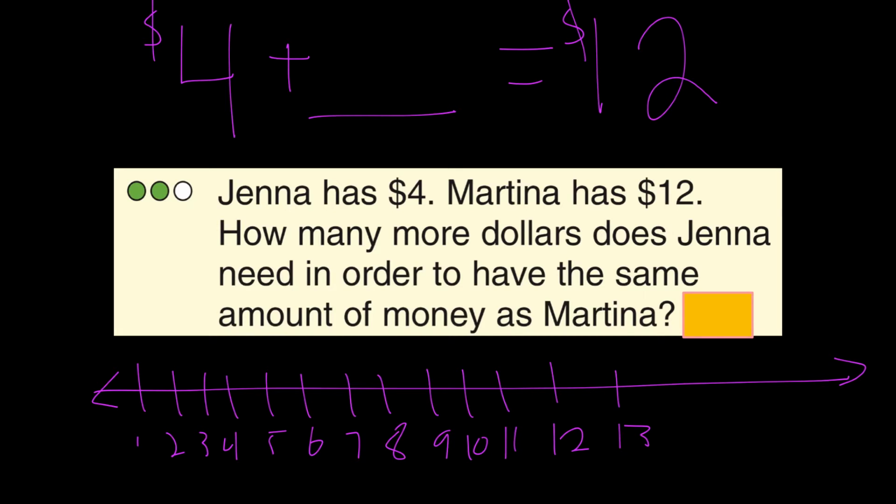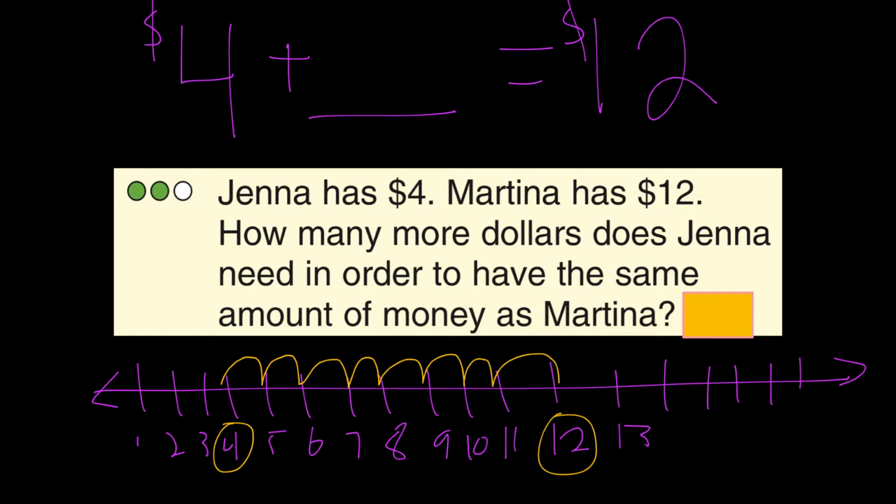It would keep going and going. So if I start at 4 and I'm going to end at 12, I just want to count my jumps. 1, 2, 3, 4, 5, 6, 7, 8. So that means that Jenna would need to get $8 more to equal up to Martina.